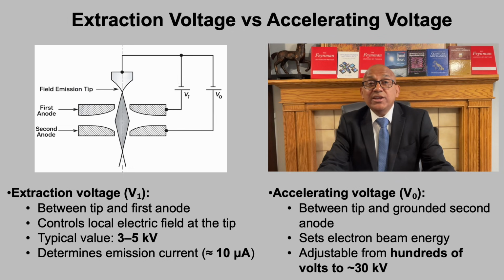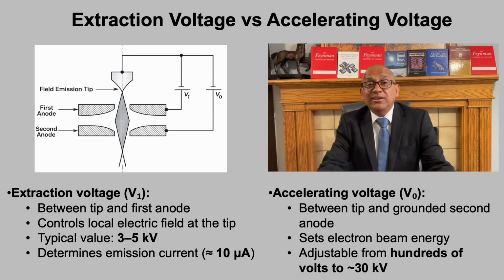The second voltage is the accelerating voltage V0 applied between the emitter tip and the grounded second anode. This voltage determines the kinetic energy of the emitted electrons and therefore sets the beam energy used for imaging. The accelerating voltage can be varied over a wide range, from a few hundred volts up to about 30 kilovolts, depending on the SEM operating conditions.